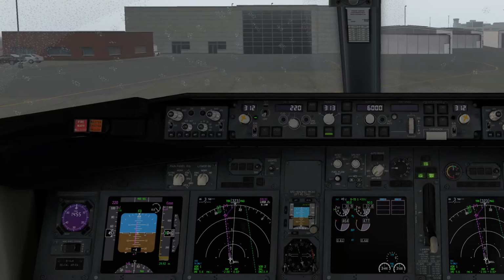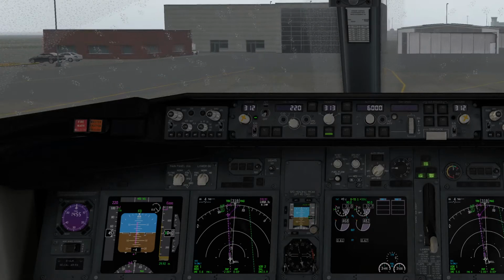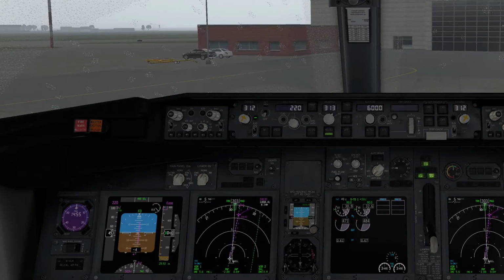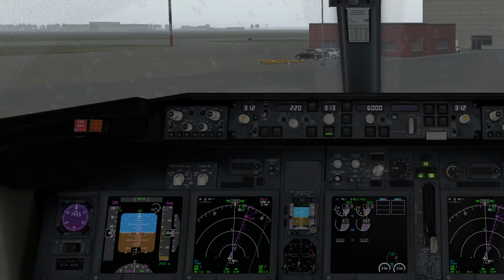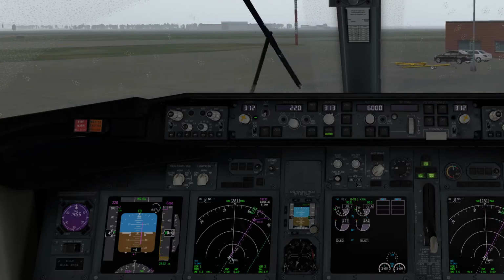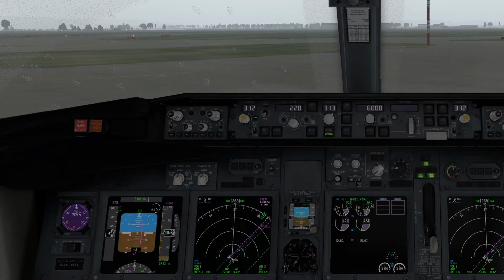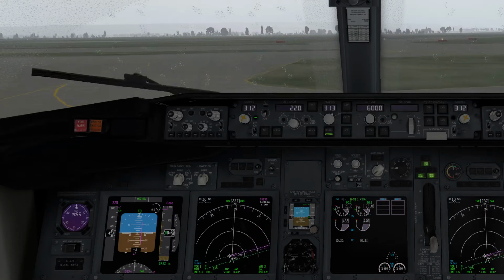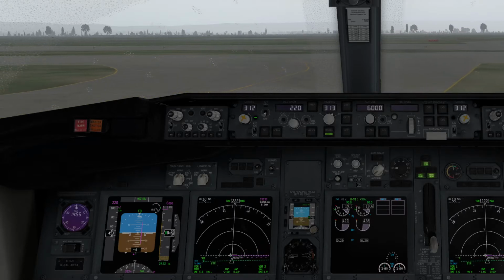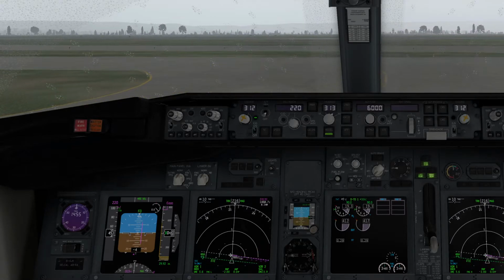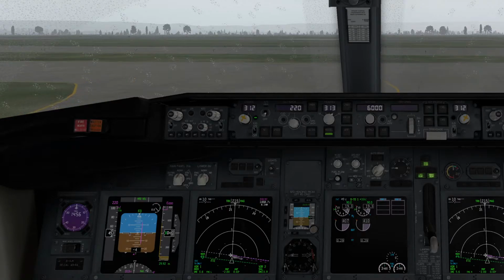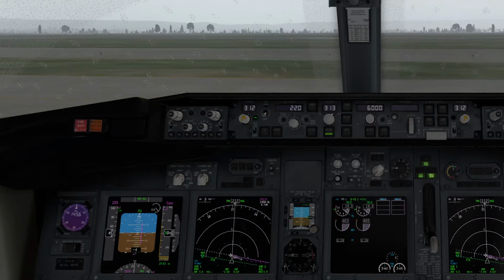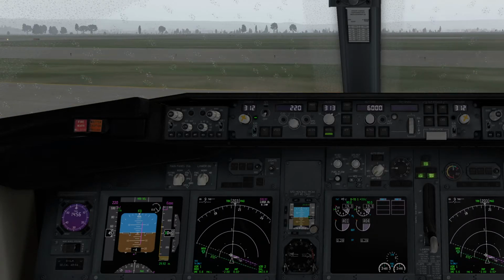And we are turning left. Thrust idle. And turning left all the way to the end.